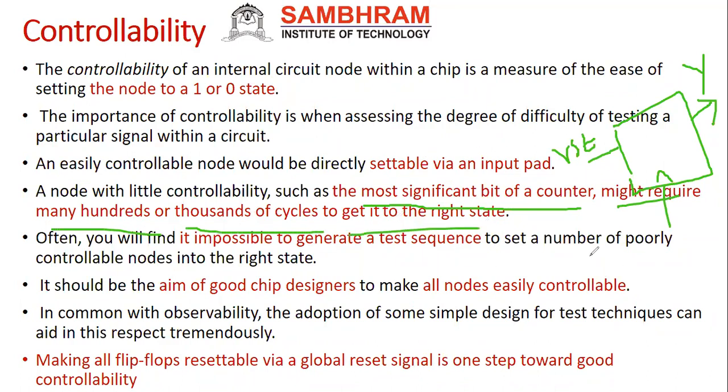For example, if this counter is driving other things, once it reaches the maximum count and the MSB bit goes high, then I can say it has entered the right state. Everything is based on the design.